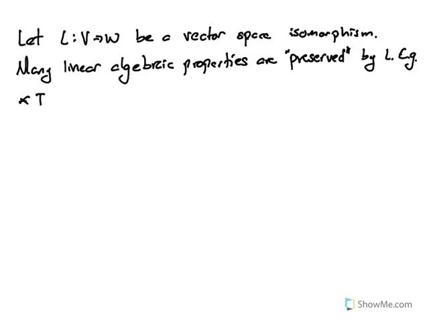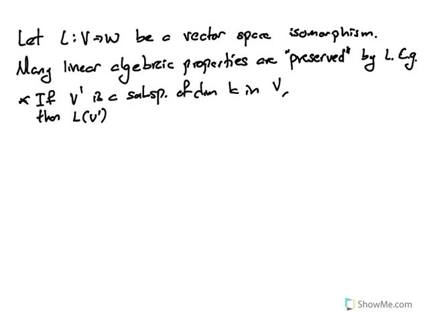So for instance, if, say, V prime is a subspace of dimension K in V, then if you map V prime over to W, then you get a subspace of W that has dimension precisely K.